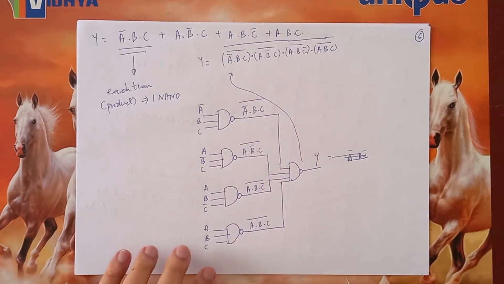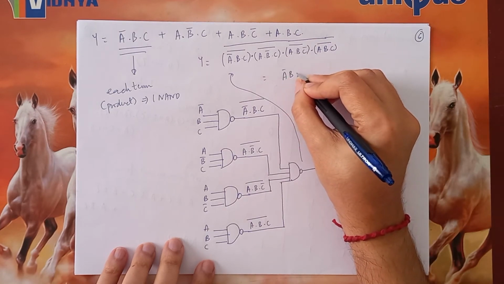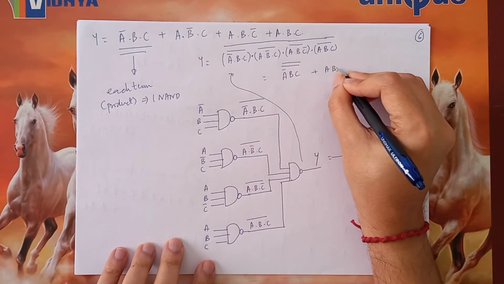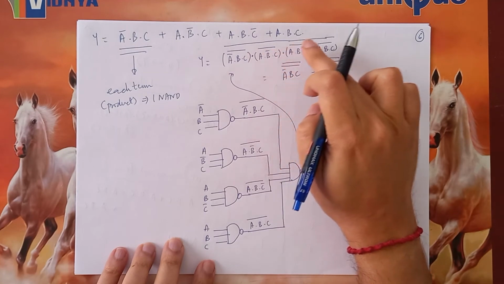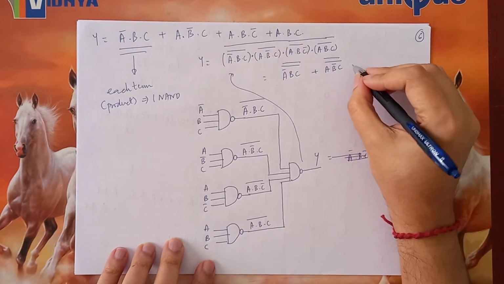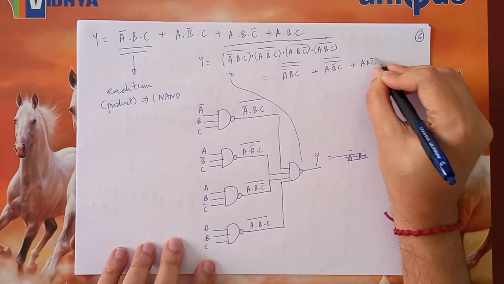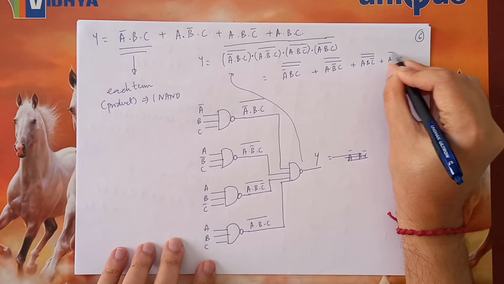So if we use De Morgan's theorem, what will we get? We will get A bar B C bar plus A B bar C bar, because these dots will now get converted into pluses. A B C bar plus A B C bar.